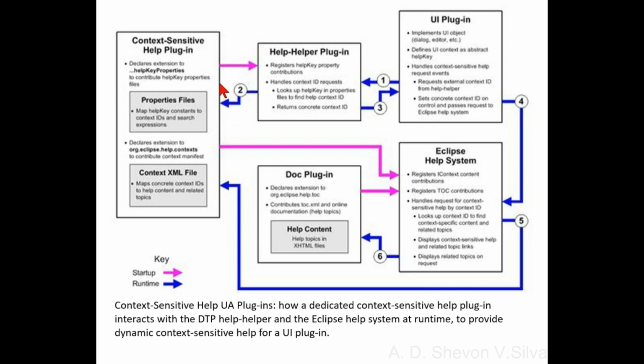You can see here in the startup, the context-sensitive help plugin is connected to the helper plugin and Eclipse help system. The doc plugin is connected to the Eclipse help system.